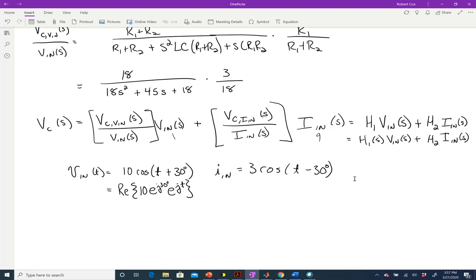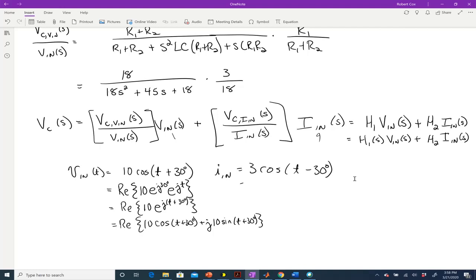The way you could see that is if you expanded this out, you would see that's the real part of 10 times e to the j (t plus 30 degrees), and that is the real part of 10 times cosine of t plus 30 degrees plus j times 10 sine of t plus 30 degrees. And clearly, the real part of this expression is the same as the original input.